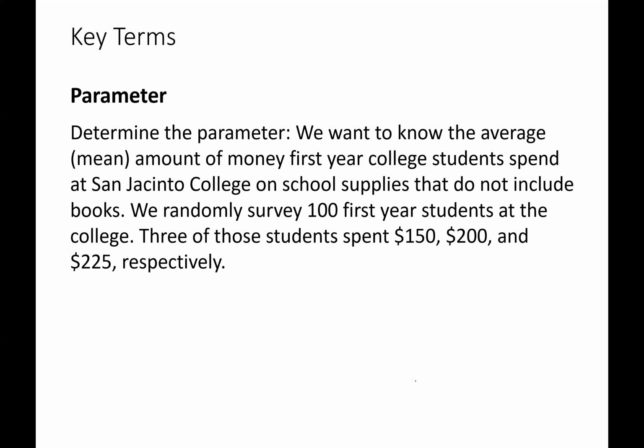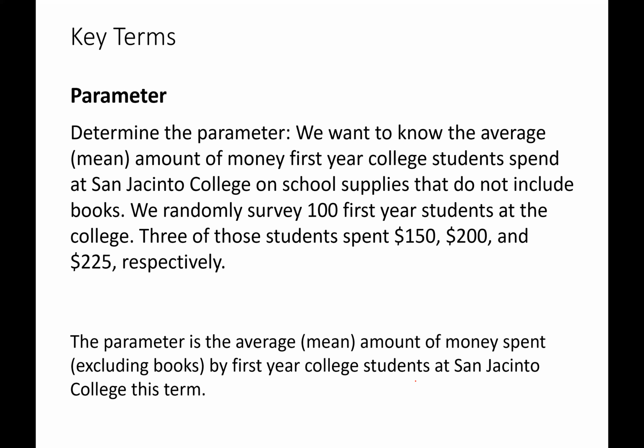At the college. 3 of those students spent 150, 200, and 225 respectively. So what's the parameter? The average amount of money that all first-year college students spent. So it's for the entire population, not the average of our 100. The entire population. Okay.